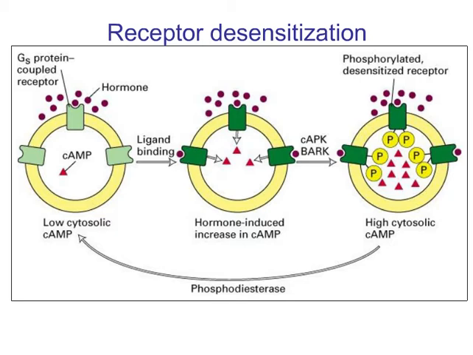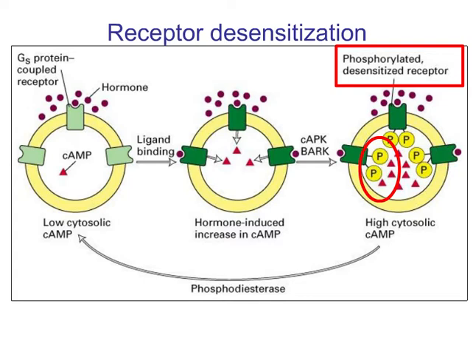Receptor desensitization mechanisms often involve feedback mechanisms that inactivate the receptor at the cell surface. For example, some G-protein coupled receptors are inactivated by phosphorylation of a C-terminal domain.